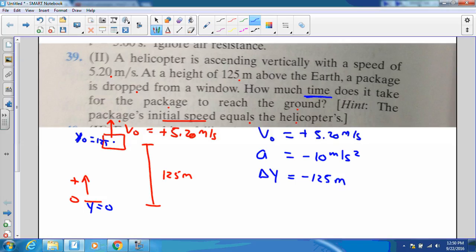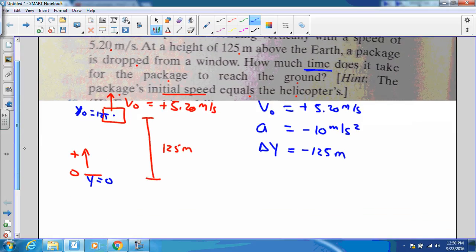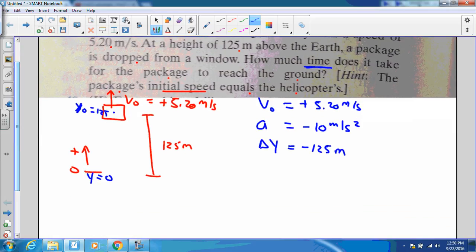And what they're asking for is the amount of time that it's going to take for the package to reach the ground. So we reach into our grab bag of the equations of motion for constant acceleration and see that this one is going to be very nice for us. Delta y equals v0t plus 1/2 at squared.